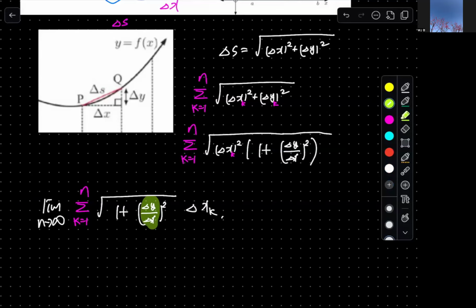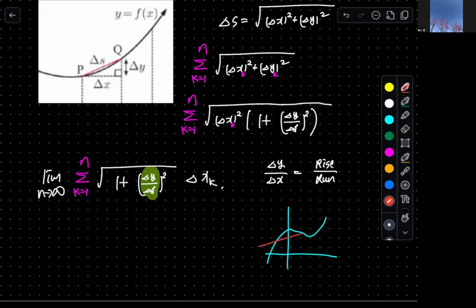I want someone to please send me a message. This rise over run, delta y over delta x, guys, what would that become if I split many, many times? The delta x is getting smaller and smaller. Please tell me. As the gap is getting smaller and smaller, it becomes the gradient of a tangent. And for solving this problem, it was important for us to realize that.